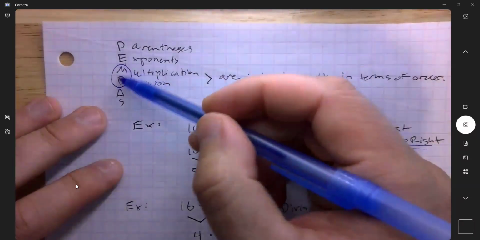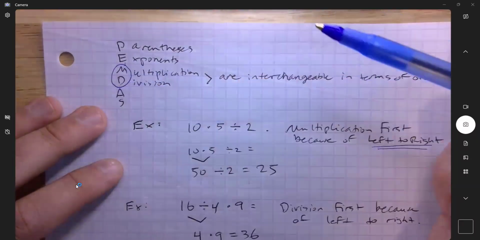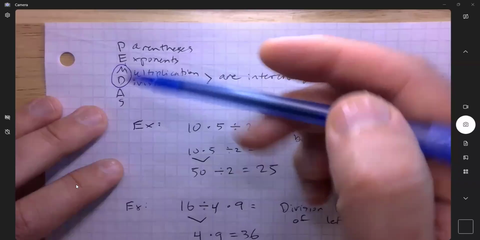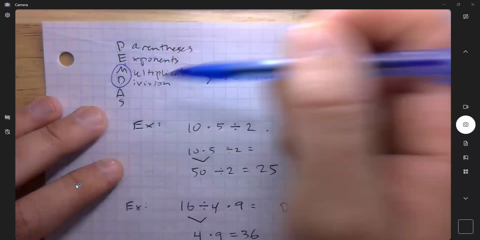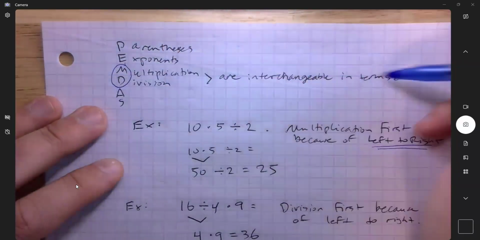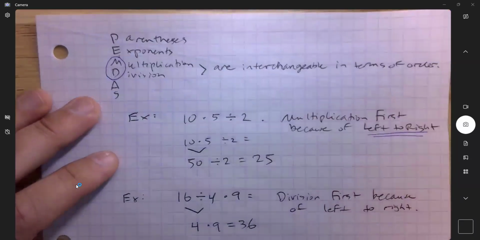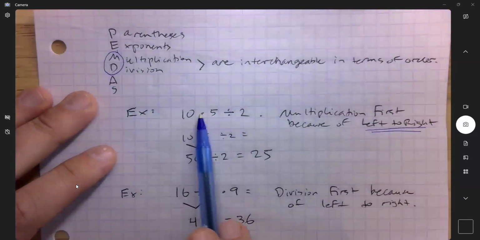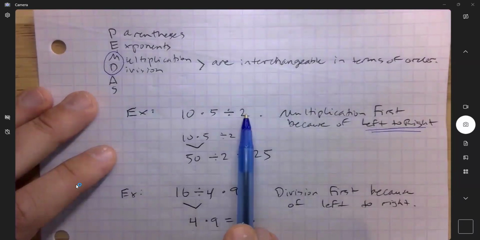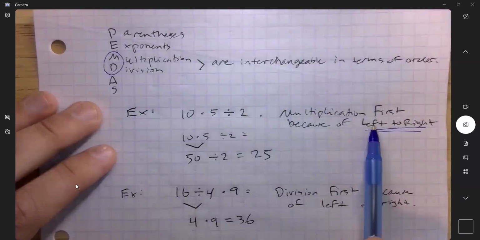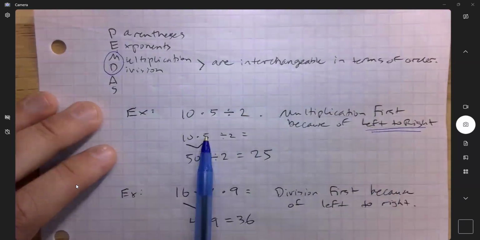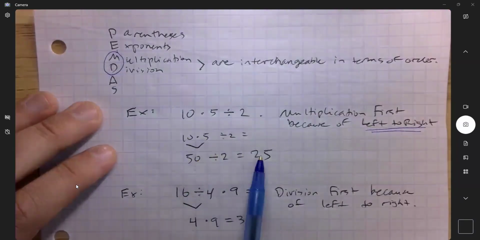So to me, this is one of the bigger issues, is that we write PEMDAS, but really the M and the D, they're interchangeable. They're equivalent operations. So my example, 10 times 5 divided by 2. If I don't have any parentheses, I do left to right. So I'll do the multiplication first. 50 divided by 2, which is 25.